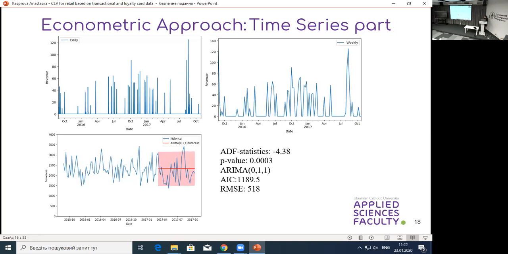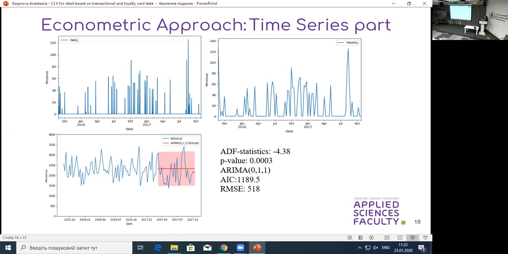I can use daily, weekly, or monthly basis, on a cluster or customer level. Monthly aggregation was rejected from the very beginning because we don't have enough data. We have just 20 points, and we need at least 30 for the model to perform well. So it could be weekly or daily.